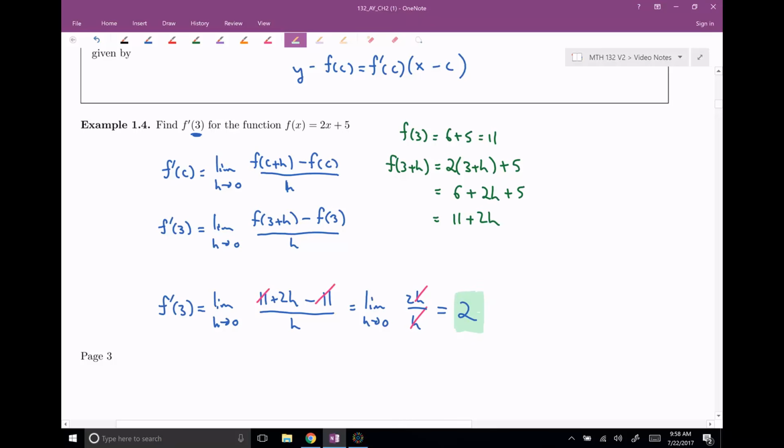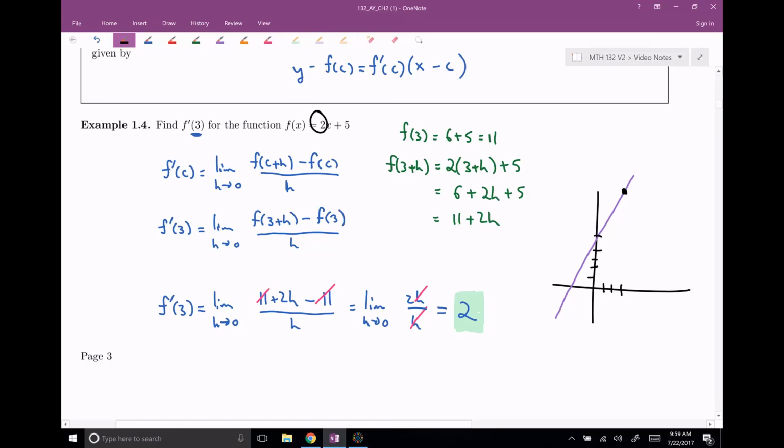And I told you, actually, for this equation right here, we should be able to figure it out because this is just a straight line. So I know it's a straight line with slope 2 and y-intercept 5. 1, 2, 3, 4, 5. And I'm just going to do a pretty crude sketch here, something like this. And so if I go over 3 and I ask you what is the slope at this point right here, well, for a straight line like this, the slope is always 2.